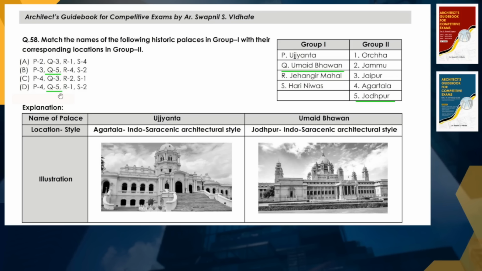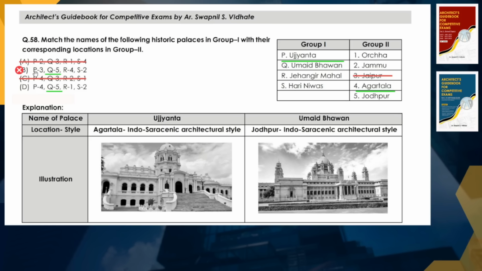Then, which is the other one? So option A and C will be the incorrect ones, because the Q5 pair is at option B and D. We need to look out for the other pairs only from these two options B and D, right? Now, the first remaining pair mentioned at option B is P3.